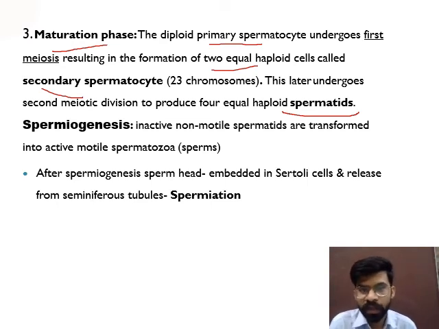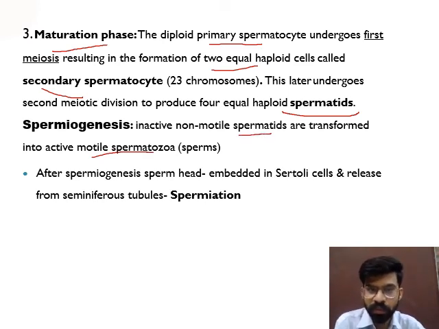Next is spermiogenesis. Spermiogenesis is the formation of spermatozoa, or formation of sperm from non-motile structure, meaning when spermatids are transformed into the motile sperm. Motile means movement. Motile sperm formation is known as spermiogenesis. And after the spermiogenesis, after the sperm gets formed, the sperm will be released.